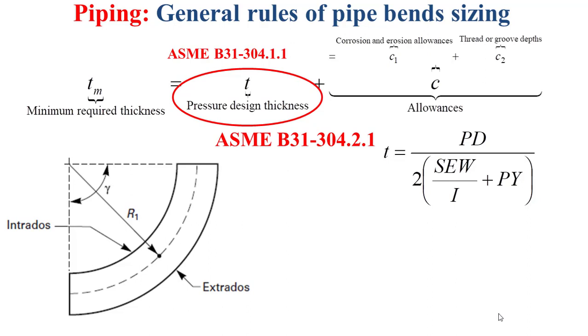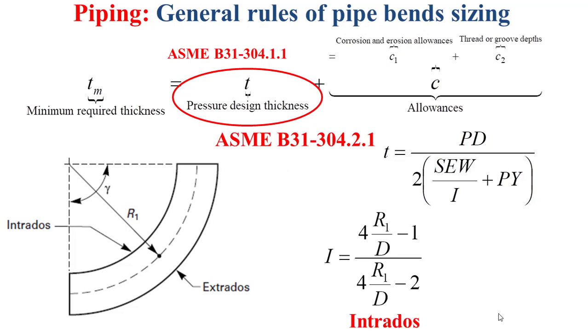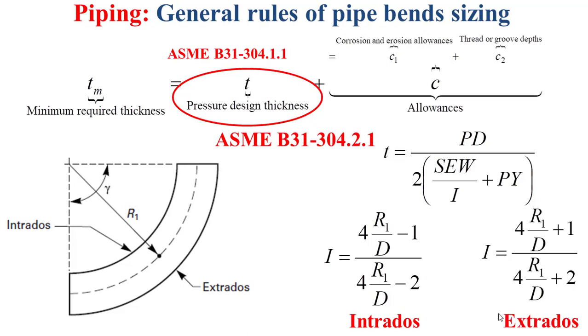Here the quantities P, D, S, E, W, and Y are the same as for the case of straight pipes. And the coefficient I is determined for the intrados using the formula that you see now in this slide. And there is another formula for the extrados. R1 here refers to the mean radius of the pipe bend.